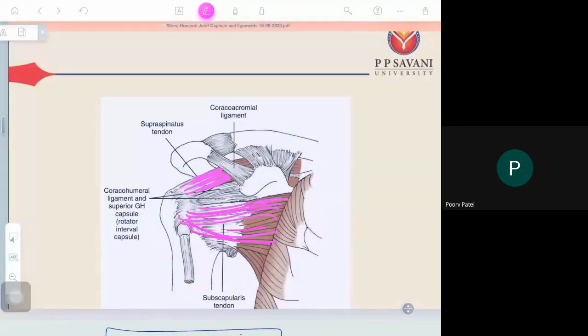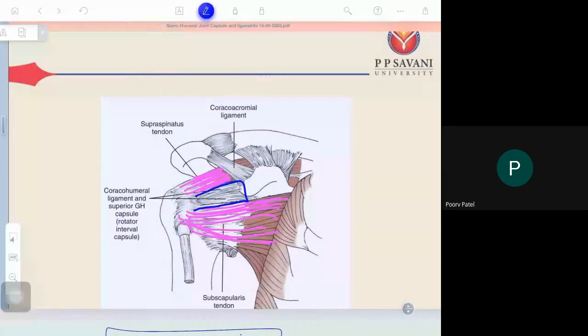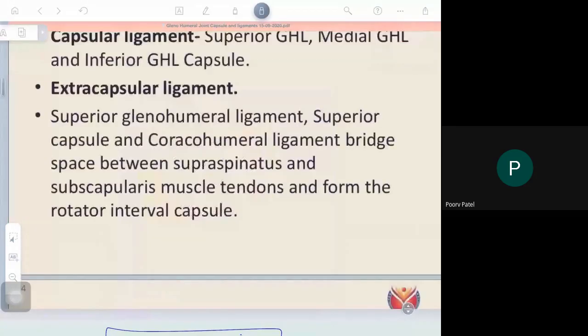And in between you can see the gap. This gap is called rotator interval capsule. Clear? So this rotator interval capsule is covered by three structures. So what are those three structures? Now you see this slide.